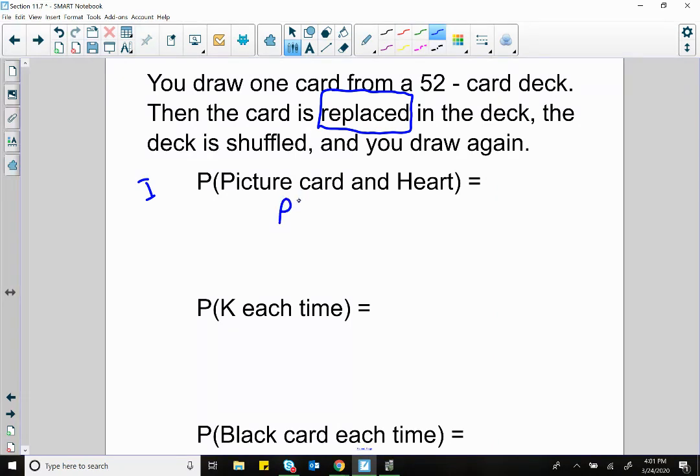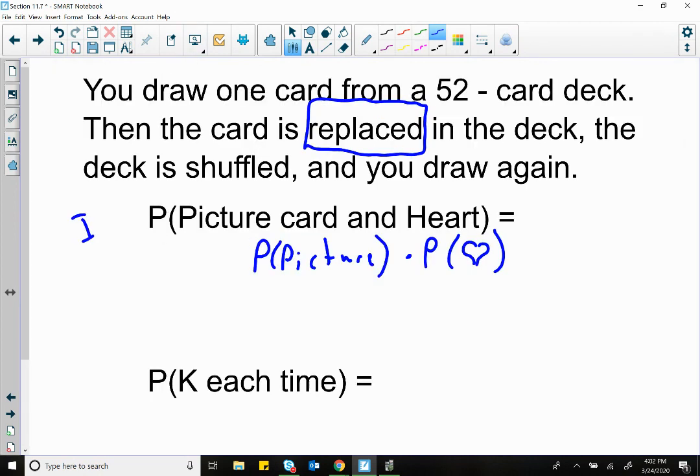So we need to find the probability of a picture times the probability of a heart. Okay, let's go into page width. Well, how many picture cards are there? There are 12 out of 52. How many heart cards are there? There are 13 out of 52.